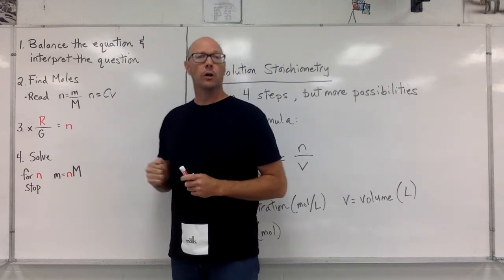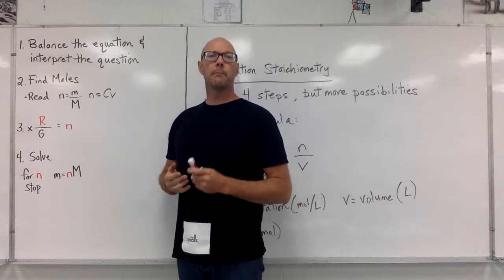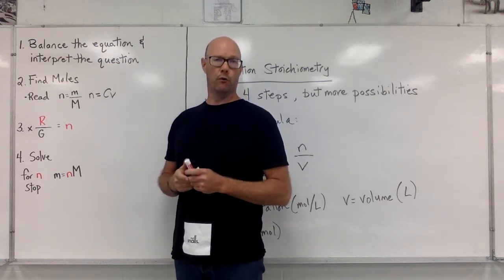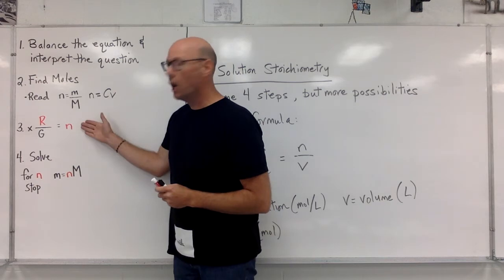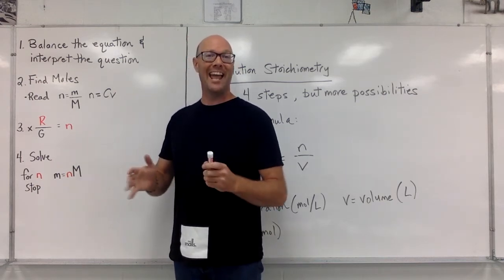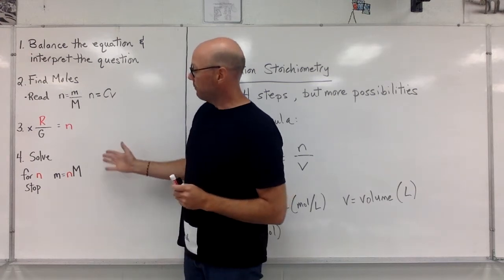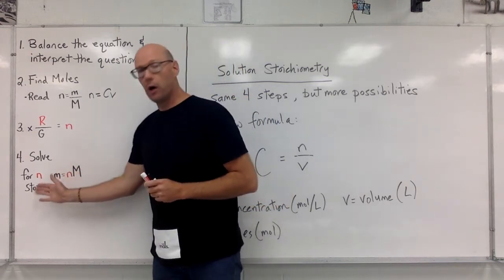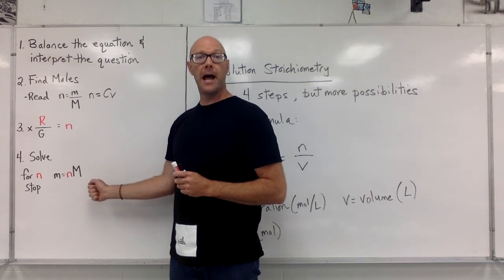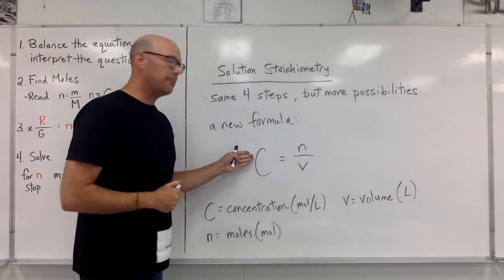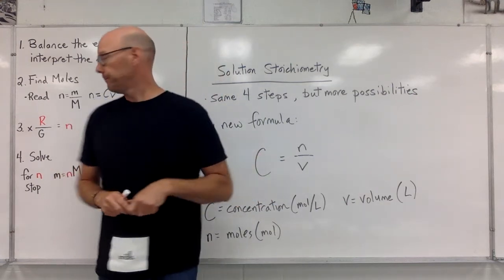No change at all to step 3. We're multiplying by the mole ratio, R over G. And after we do that, we'll have what we've been calling red n, the moles of the required. Step 4 says solve. We could have solved for moles, solved for mass, but now we might be solving for the concentration.